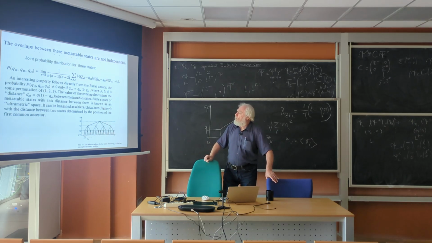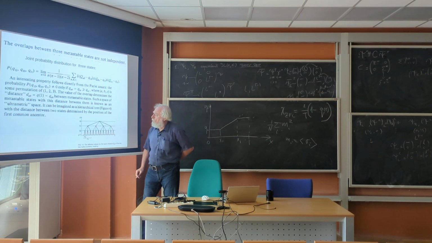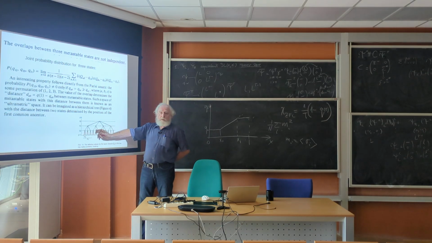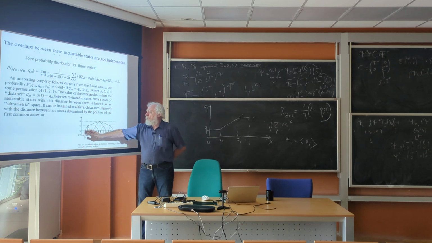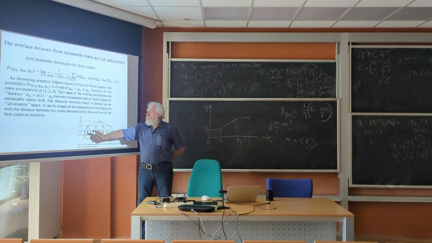Why is it so? To understand it qualitatively, let us consider such a tree diagram. Suppose that we consider three states, one corresponds to this point, another to this point, and the third one somewhere here. Distance between these two points is measured by one step up.